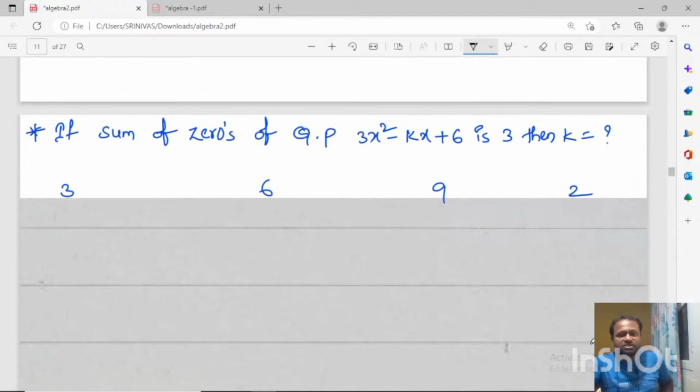If the sum of zeros of the quadratic polynomial 3x square minus kx plus 6 is 3, then the value of k.